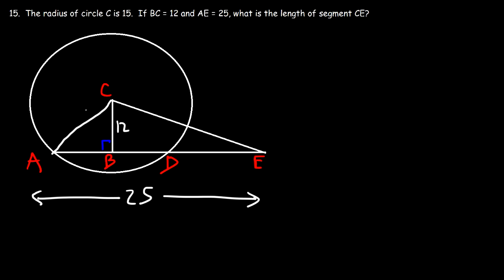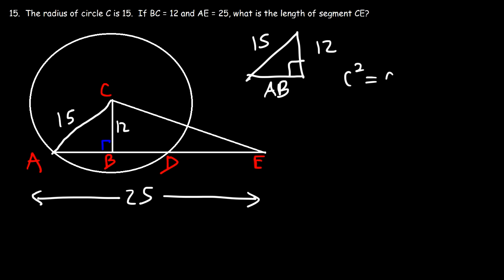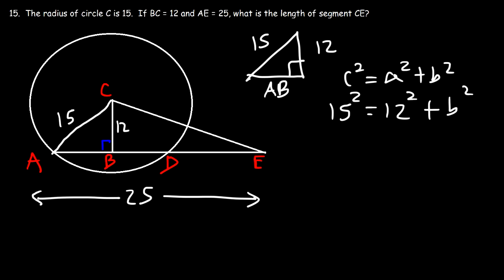So if AC is 15 and BC is 12, what's AB? So let's use the Pythagorean theorem to calculate AB. C squared is equal to A squared plus B squared. C is 15, A is 12, and let's calculate the missing side.